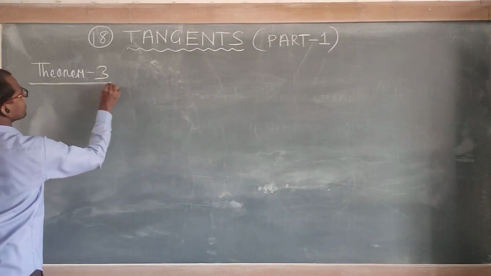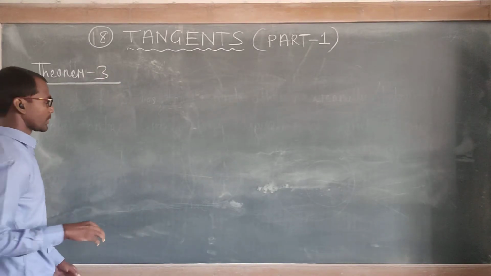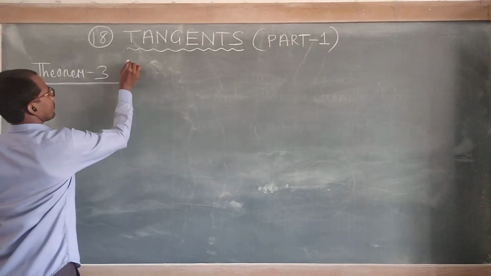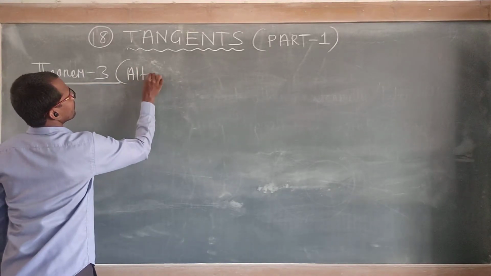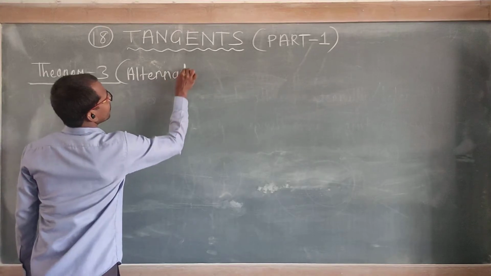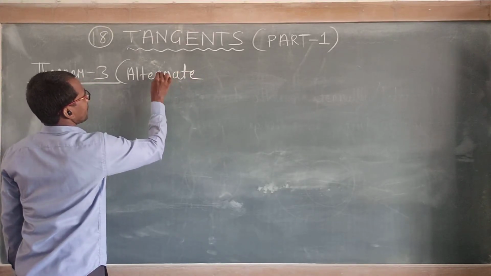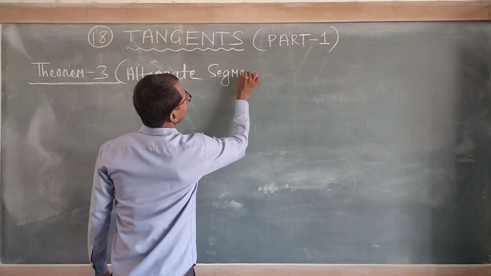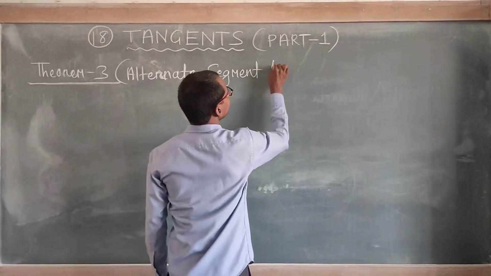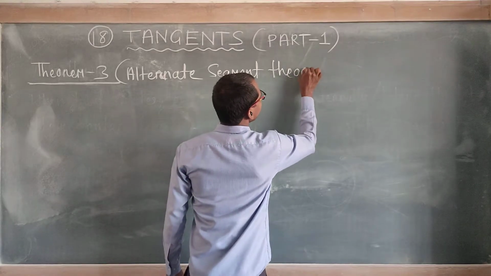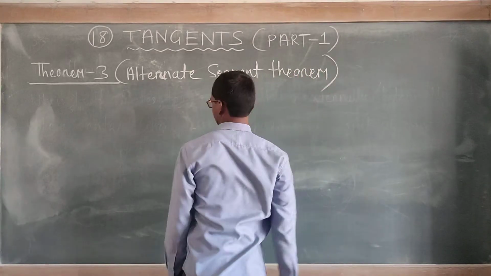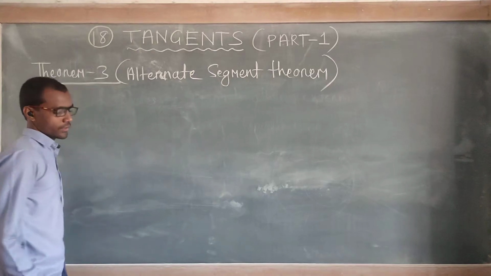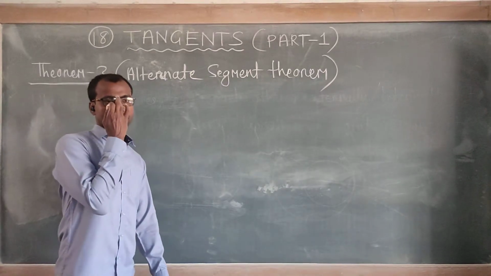Theorem number 3, the last theorem of this chapter, is called the alternate segment theorem.